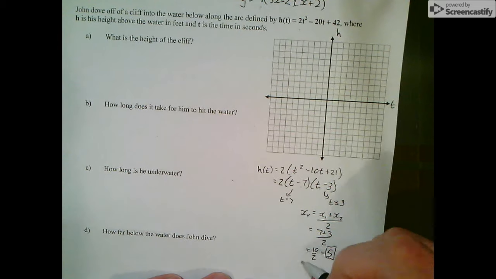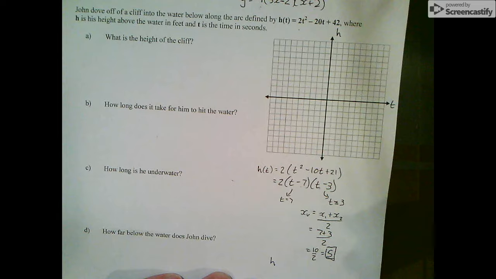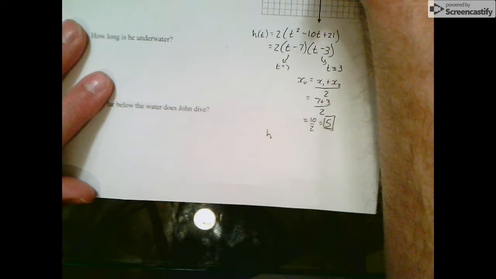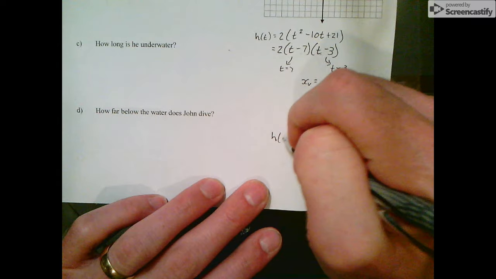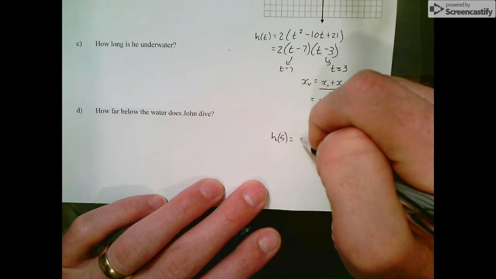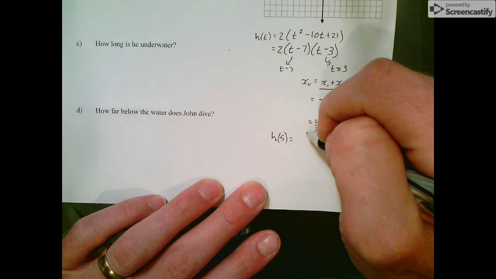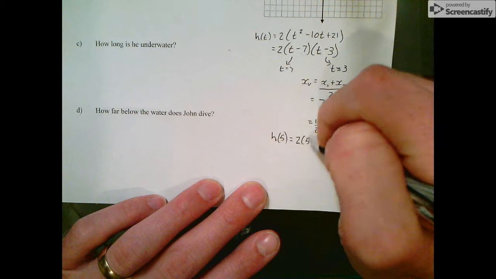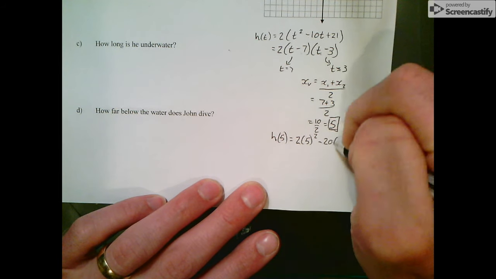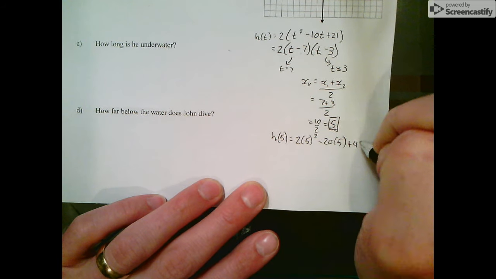And to find the y of the vertex, the h of the vertex, I am going to plug the 5 in for t into the original equation, or the factored form, it doesn't matter. 2 times 5 squared minus 20 times 5 plus 42.